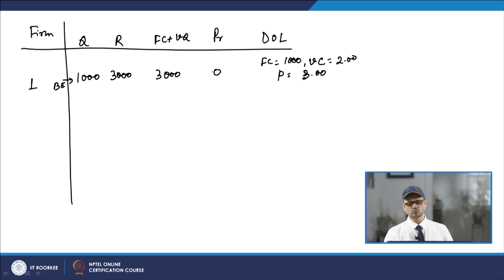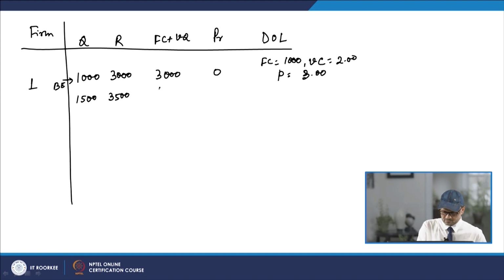If you go to 1500, your R becomes 3500, your total cost becomes 4000, and profit becomes 500.